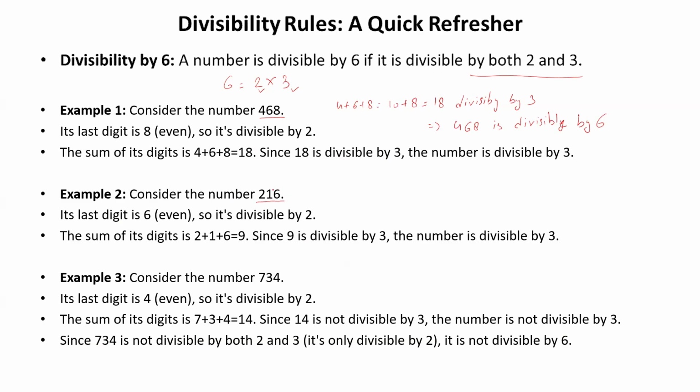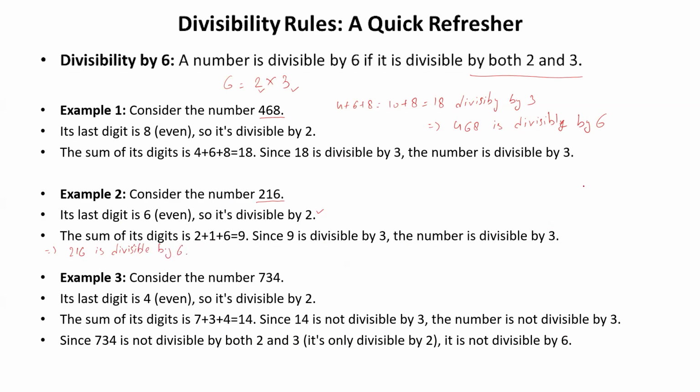Let's look at this number. Again, last digit is 6. That means it is divisible by 2. Add the digits. 2 plus 1 plus 6 is 9. So, 9 is divisible by 3. That means this number is divisible by 3. So, this implies 216 is divisible by 6.